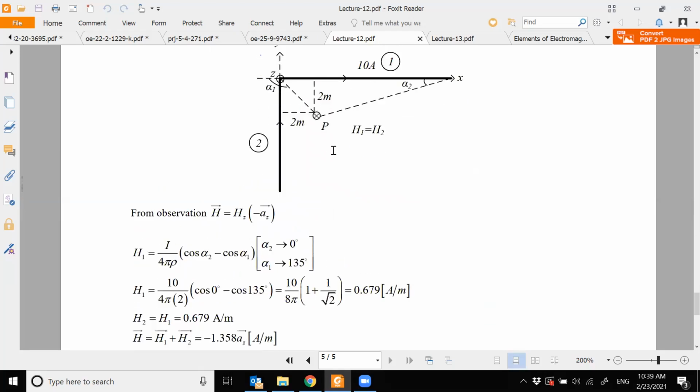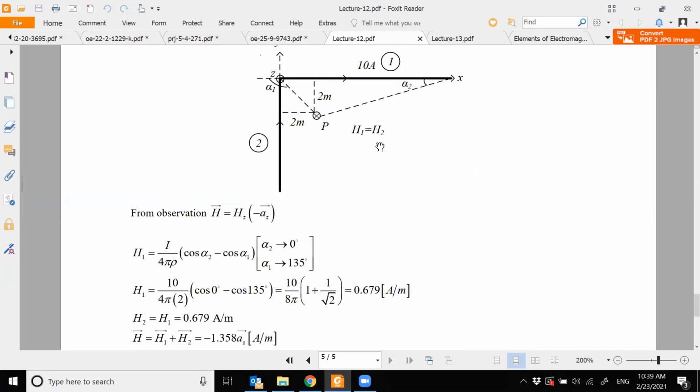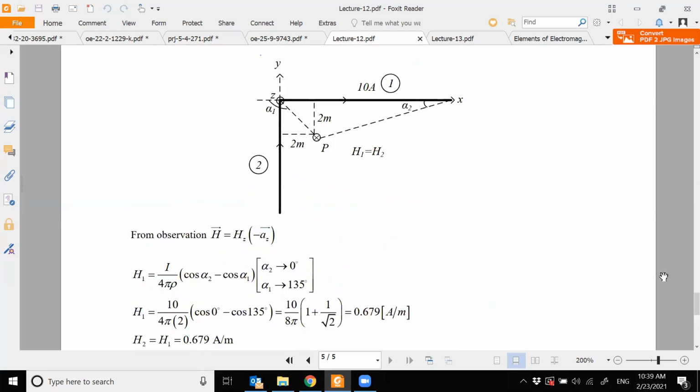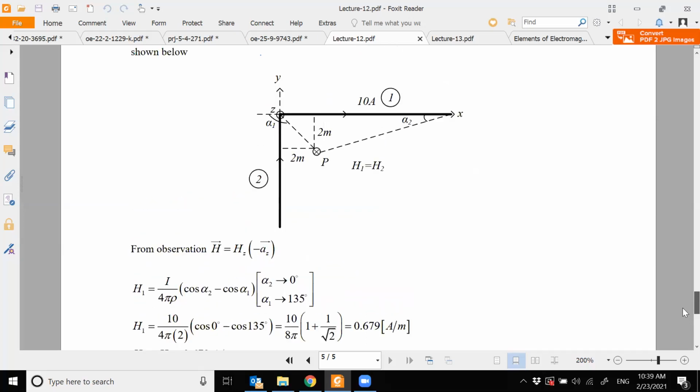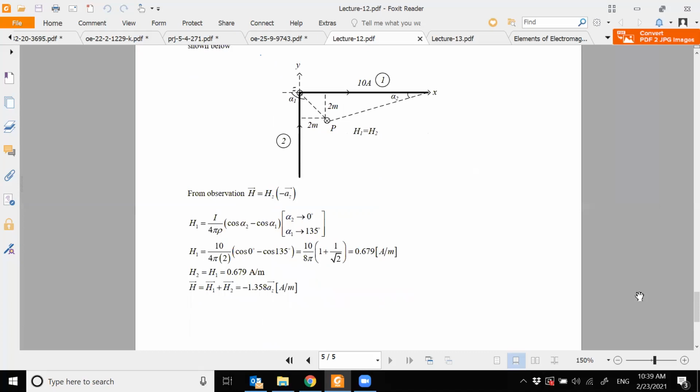Now we can take a simple example. This is a good example of how you can find the magnetic field because of two sources. So if you see here, there are two sources.